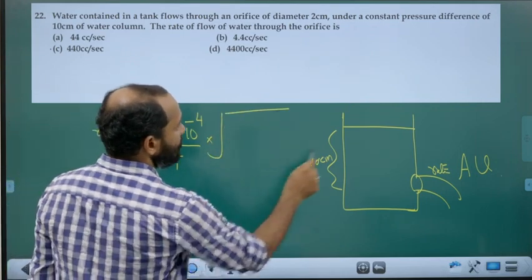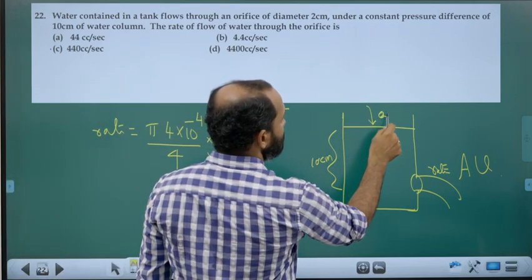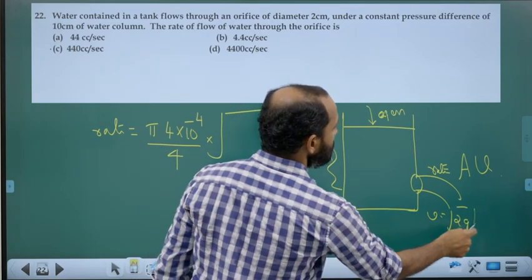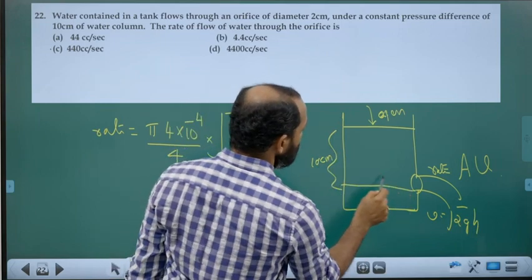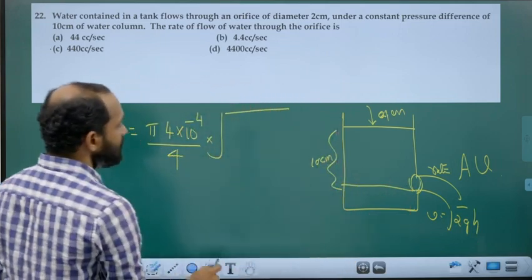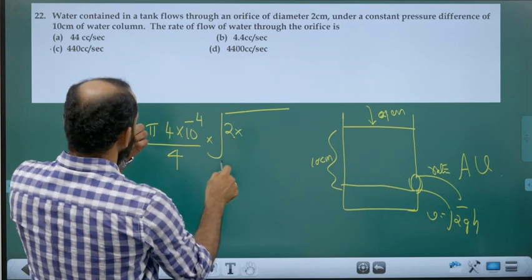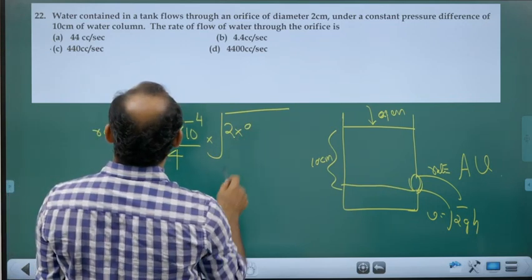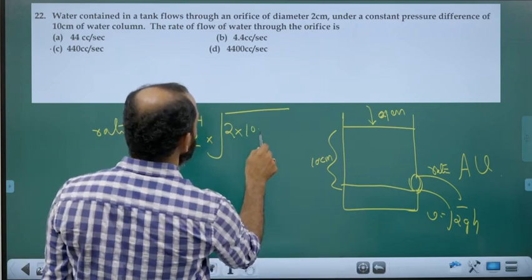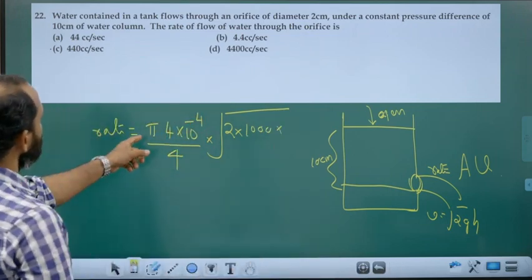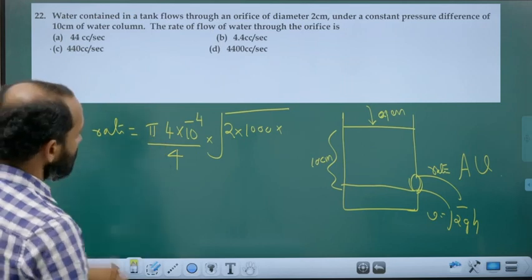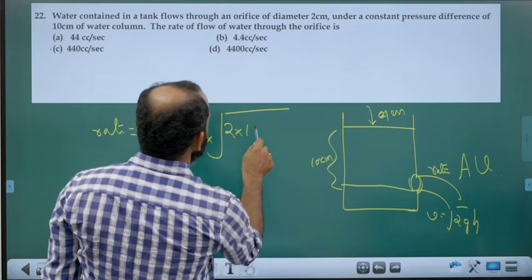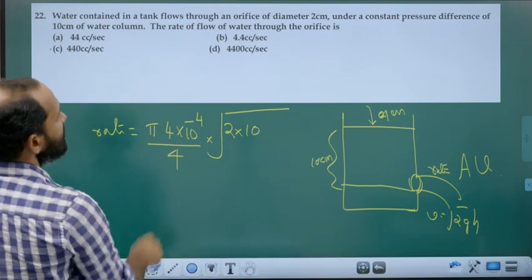The velocity of efflux when the tank is open to atmosphere: the speed of efflux v is equal to root of 2gh, where h is the height above the orifice. The height above the orifice is 10 centimeters. So root of 2 into g into h. Since I have chosen SI, I can take g as 10, and I have converted h into SI.